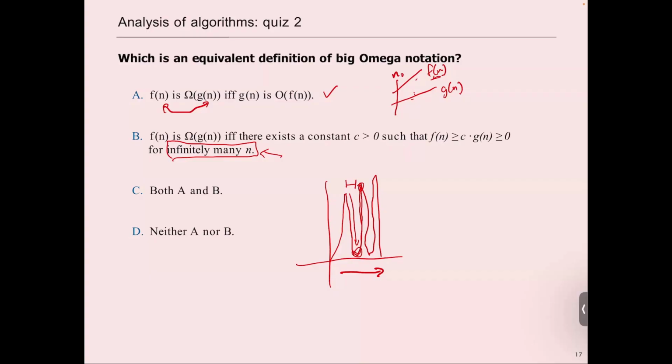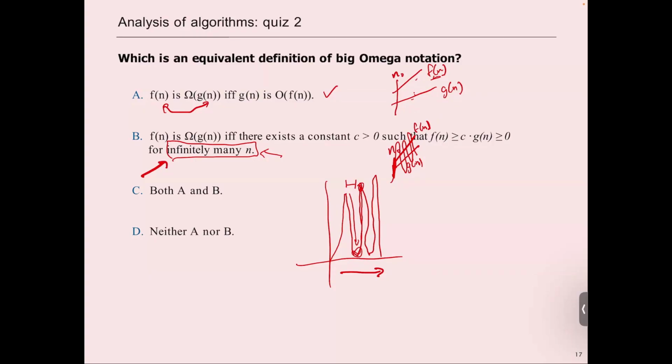And that is not going to satisfy the definition of big omega, because big omega is saying at some n naught value, g of n is going to grow slower than f of n. So this is your g of n, and this is your f of n. There has to be a time where f of n grows faster than g of n. But if we're just bouncing back and forth between this, that will never happen. So we do not satisfy the definition with this particular statement.